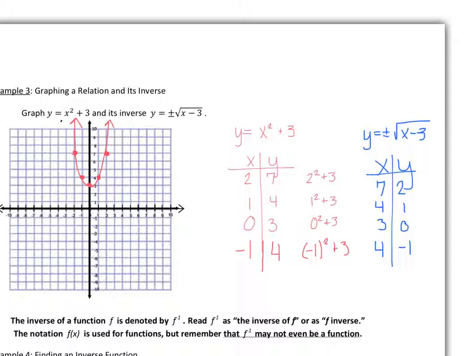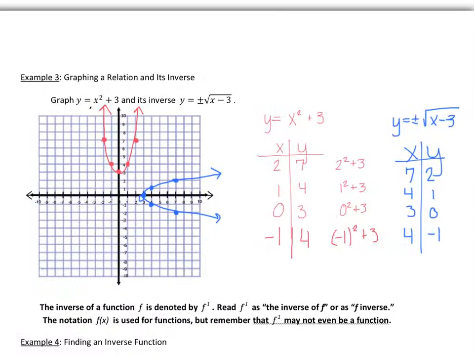So graph all those. 7, 2, 4, 1, 3, 0. And you can figure out where the last one would be as well. So you can see that if you folded your paper along that diagonal, those two parabola shapes would land on top of each other.